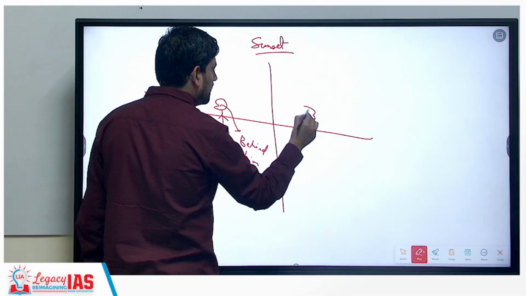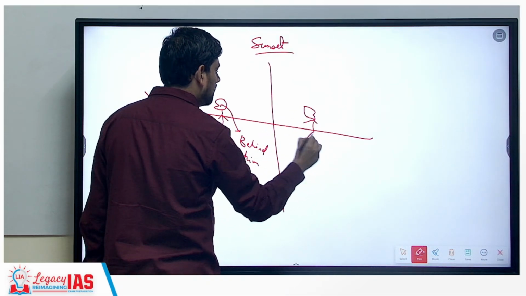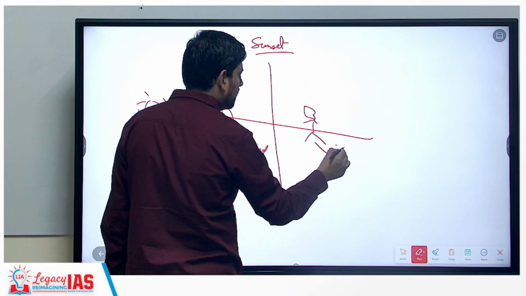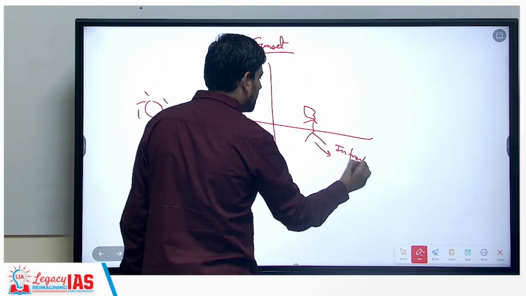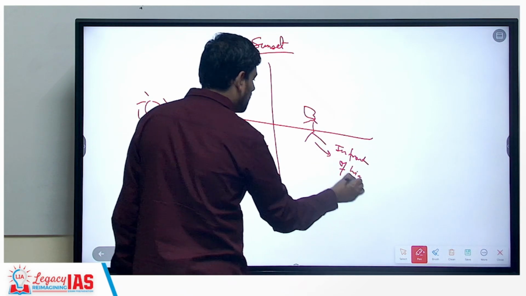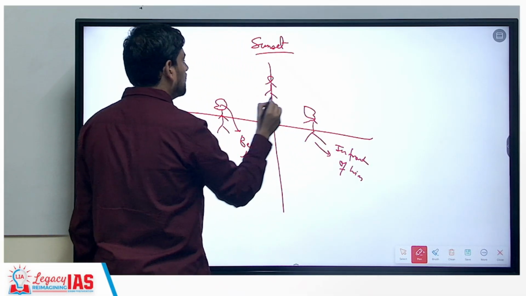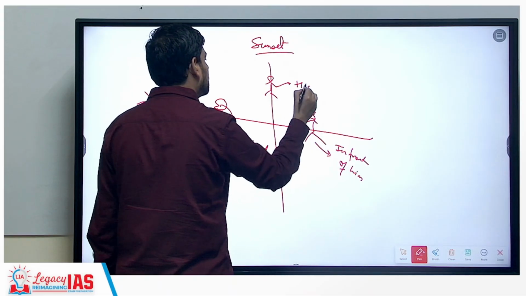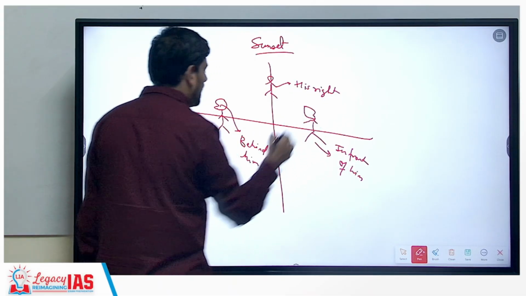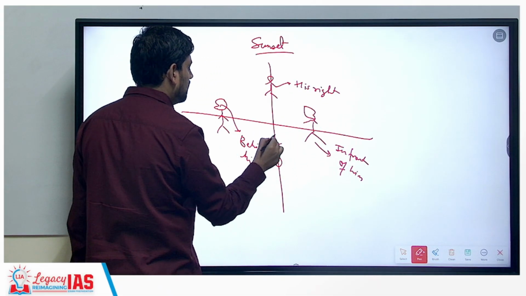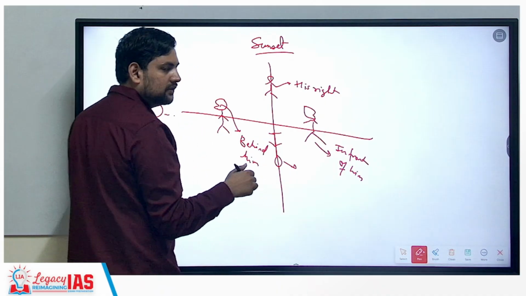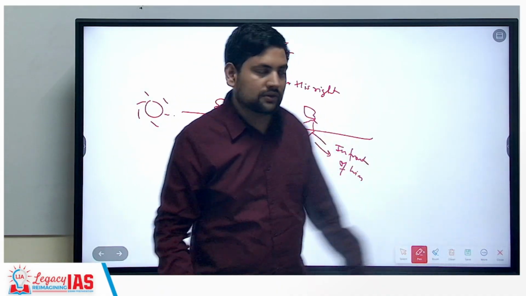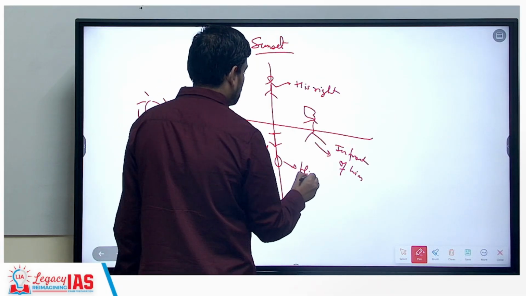For a person who is facing east, his shadow will fall in front of him. For a person who is going north, his shadow will fall towards his right. And for a person going in the south direction, it will fall towards his left.